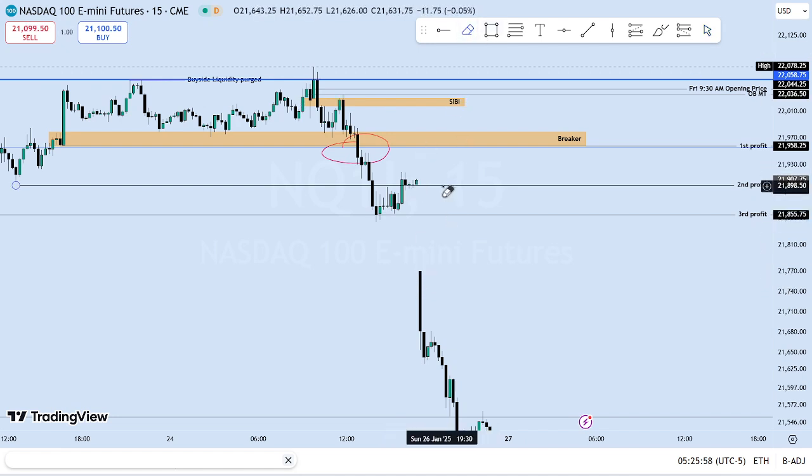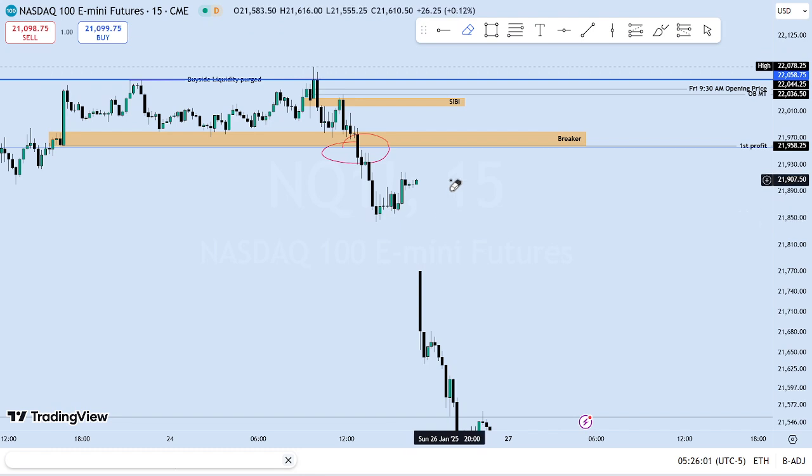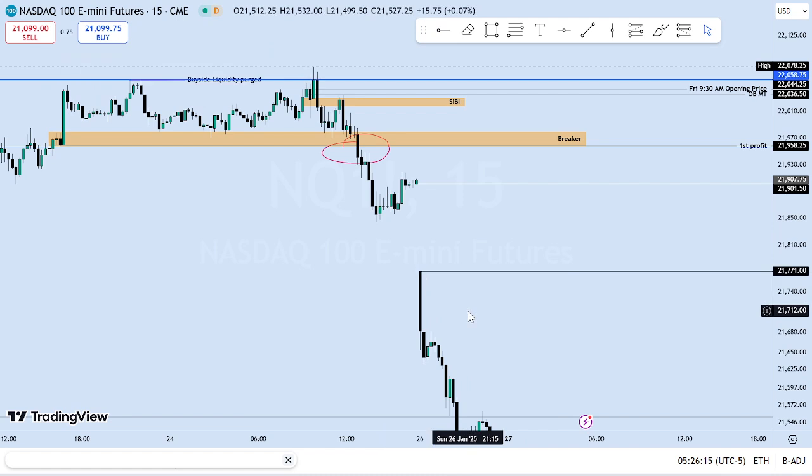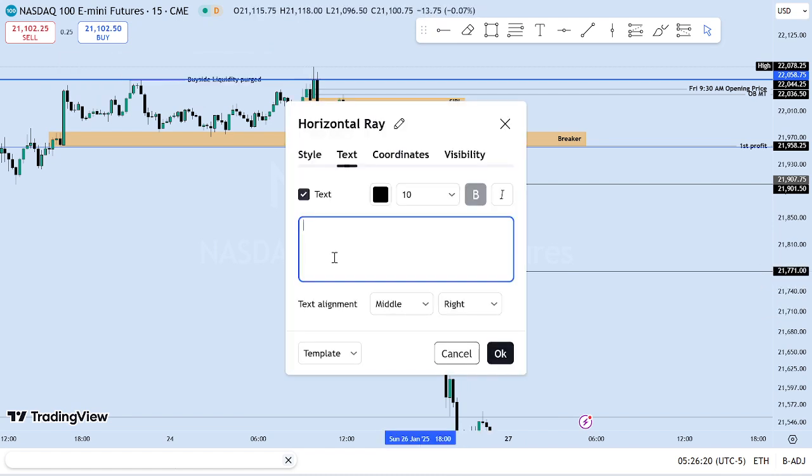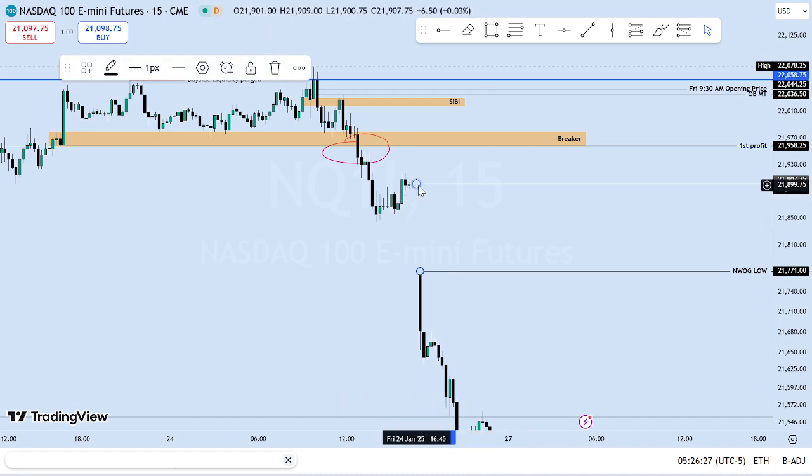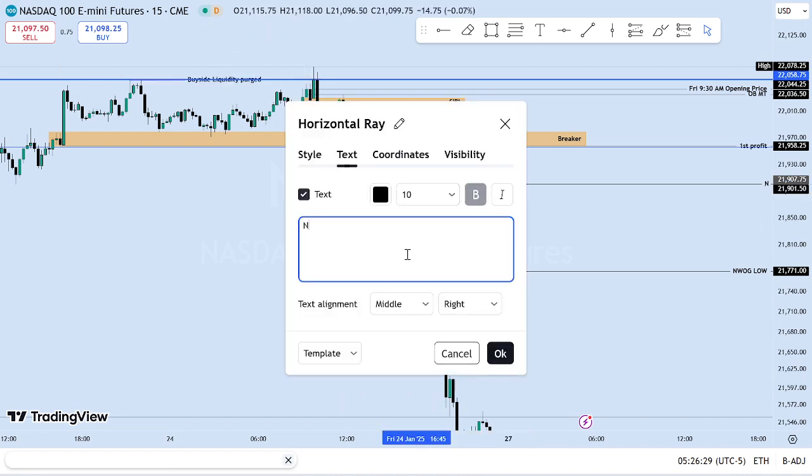This is how to measure it out. If you want to annotate it, from the low of this Friday close to the high of the Sunday open. This high of the Sunday open becomes our new week opening gap low, while the Friday close becomes our new week opening gap high.